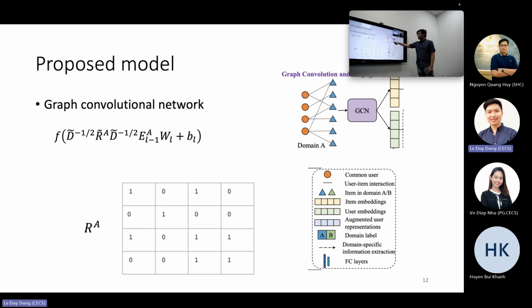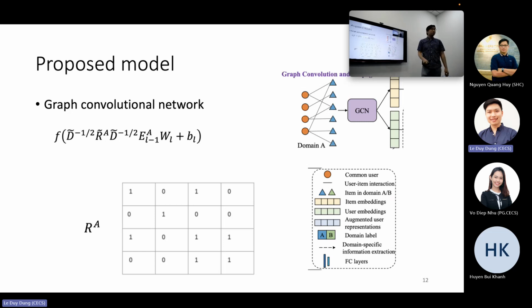So they build up a graph for user and item, and their mechanism is behind this formula. If you're not familiar with graph neural networks, I will briefly present what it uses.